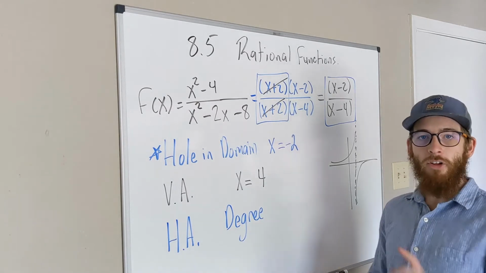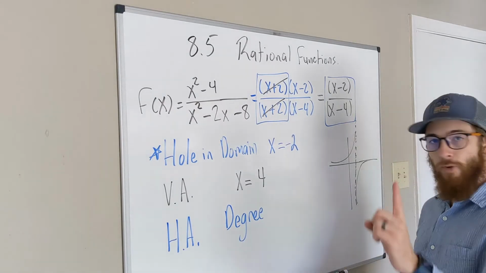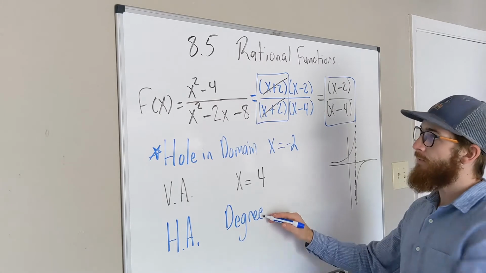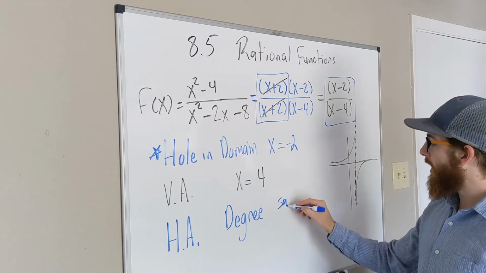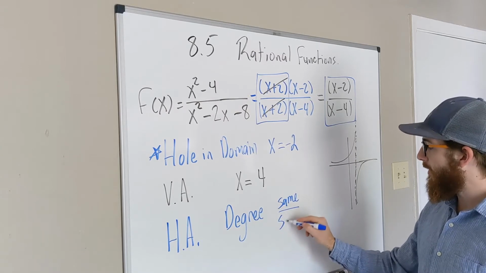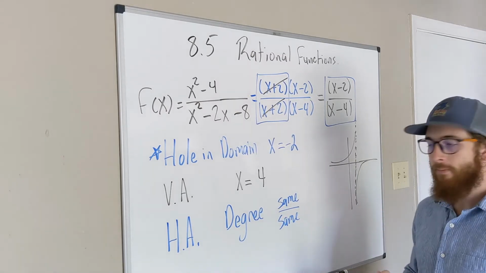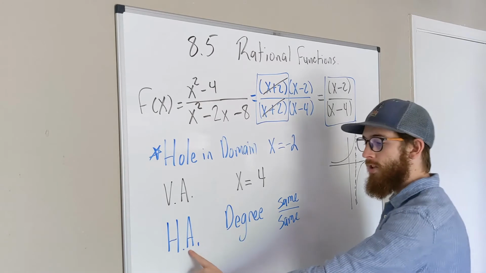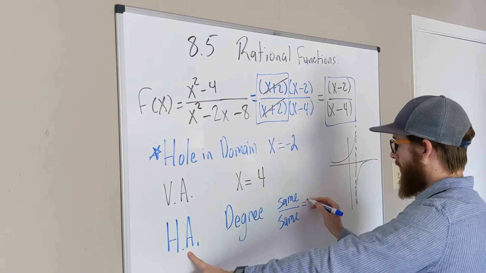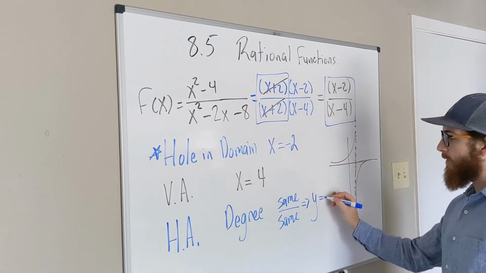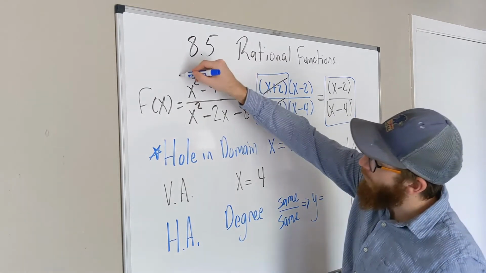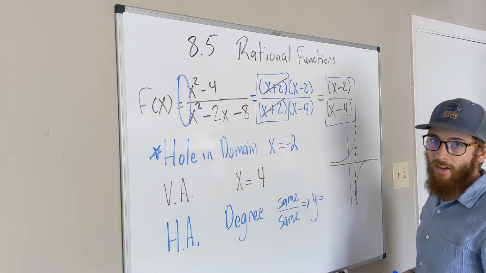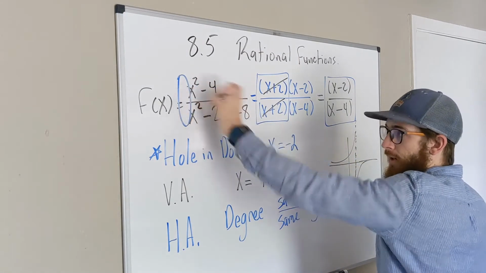So we have the first possibility: if the degree of the top and the bottom are the same, then our horizontal asymptote is y equals that ratio, whatever the numbers are in front of x squared and x squared in this case.